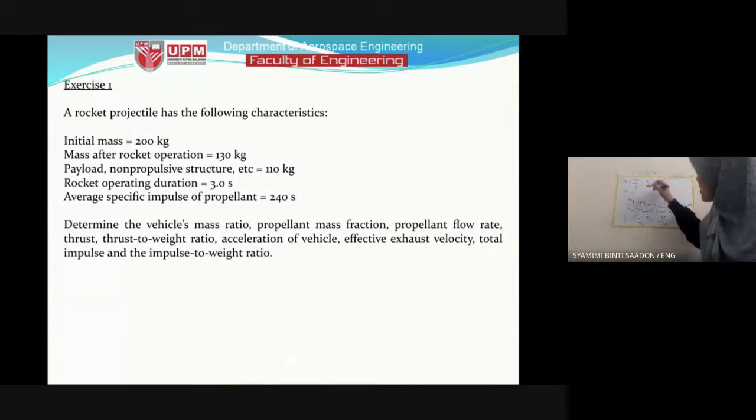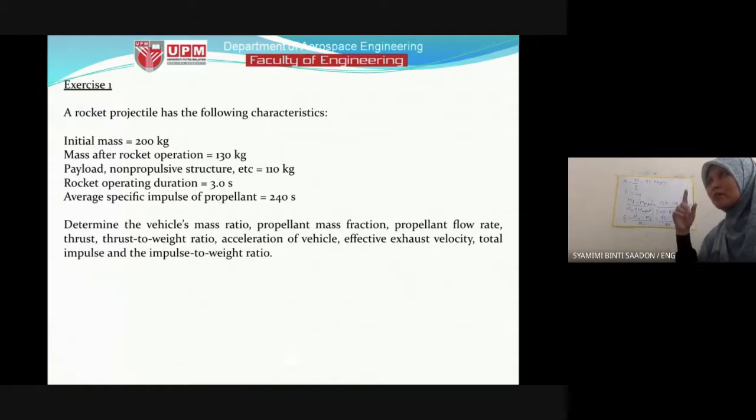So here we use the specific impulse. Specific impulse is in seconds. Thrust is a force. Force in Newton is kilogram meter per second square, right? F equals ma.